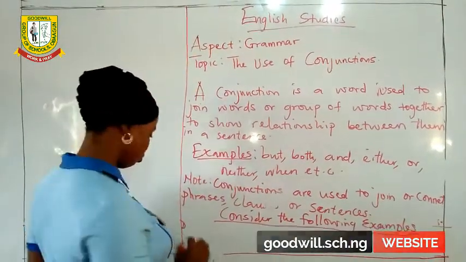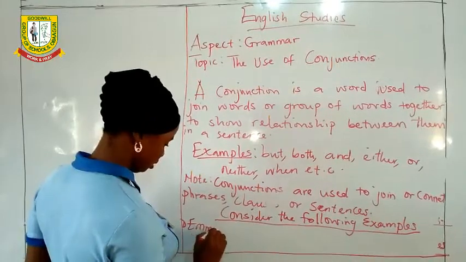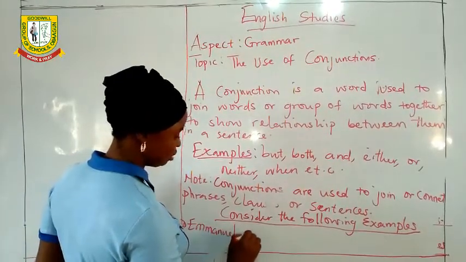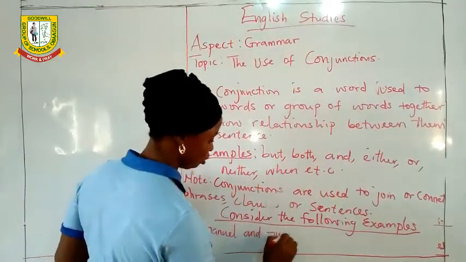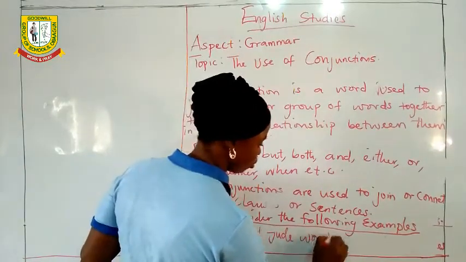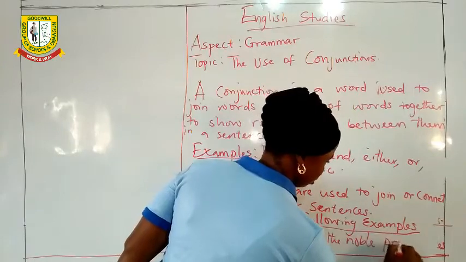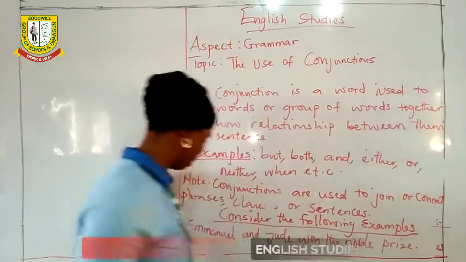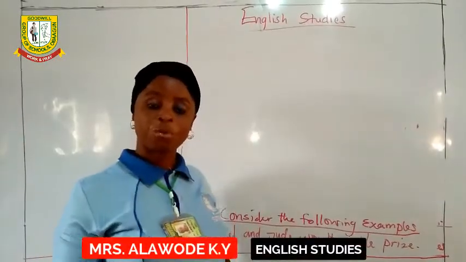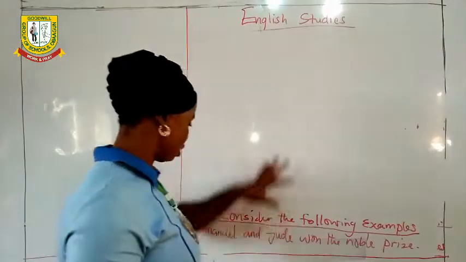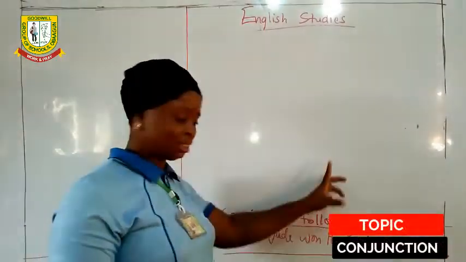So the first example, Emmanuel and Jude won the Nobel Prize. Yes. So for proper vision, I think I should clean it, and I've cleaned now.